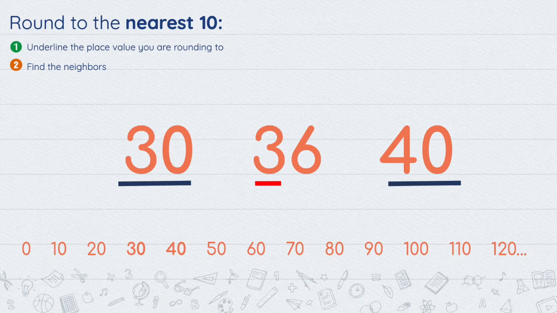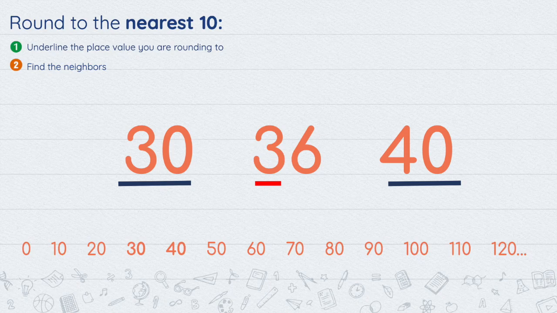So 40 is going to be the 10 that lives after my number, after 36. And if I count backwards, I can find the 10 that lives before 36. So 36, 35, 34, 33, 32, 31, 30. And I also have my number line to help me. So 30 is the 10 that lives before 36. So I just finished step number 2.